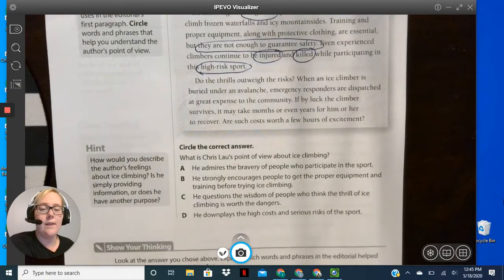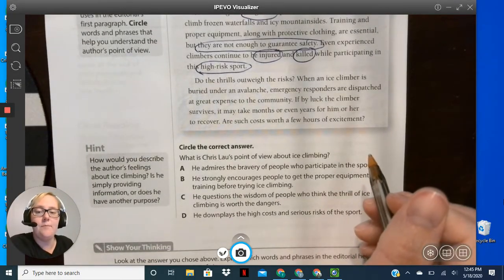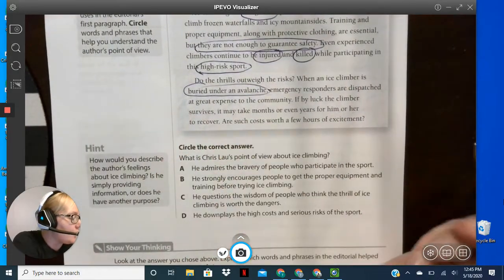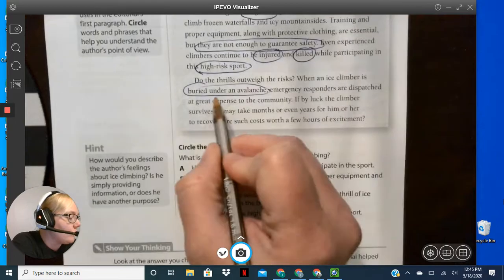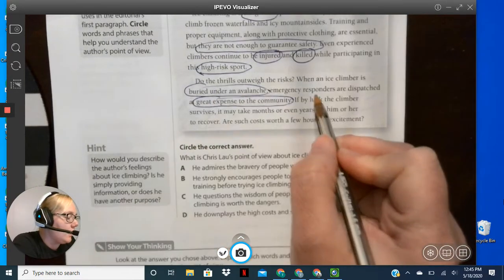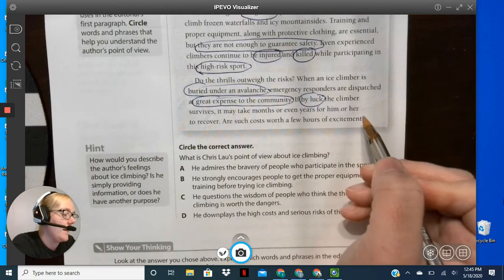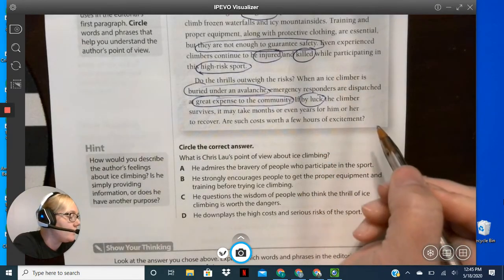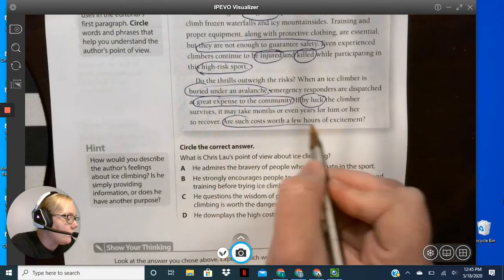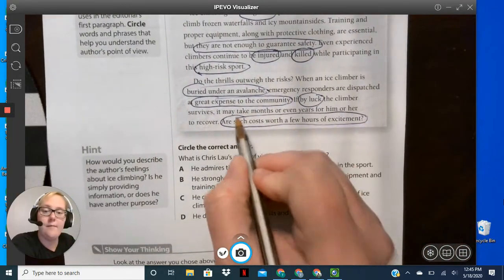Do the thrills outweigh the risks? When an ice climber is buried under an avalanche, emergency responders are dispatched at great expense to the community. If, by luck, the climber survives, it may take months or even years for him to recover. Are such costs worth a few hours of excitement?